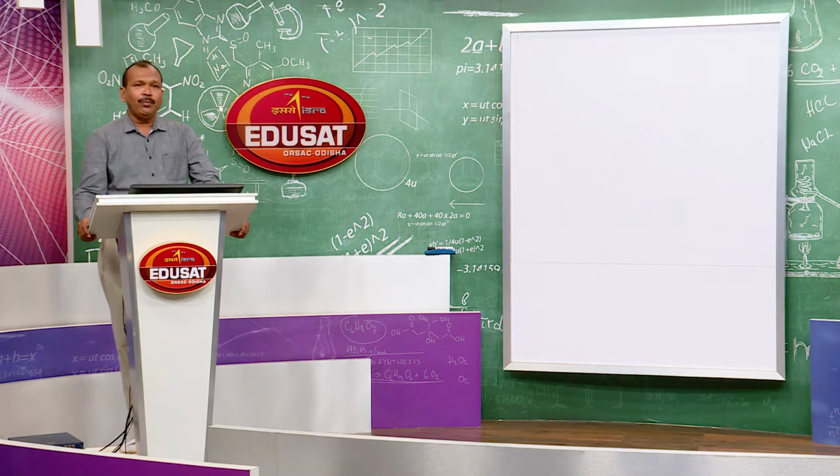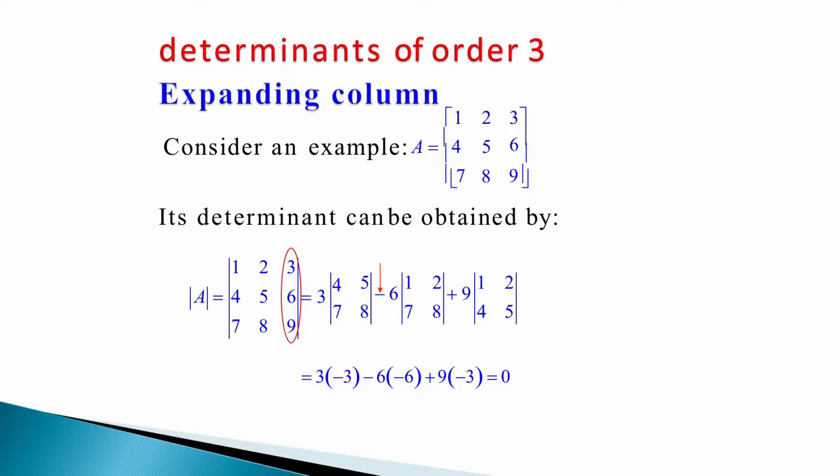Now, how do we find the value of a determinant of order 3? The determinant value can be found by the expanding method, along any one of the rows or any one of the columns. Here I give an example of expanding along a column.